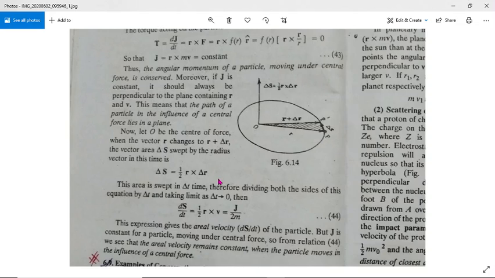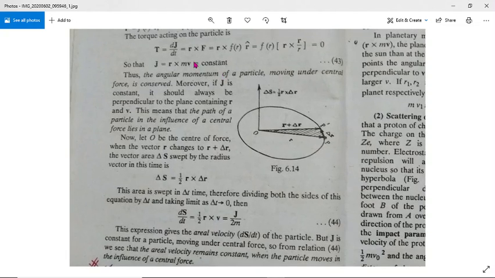Delta r by delta t is velocity, so it becomes ds by dt equal to half r cross v. And we know that J equal to r cross mv, where m is constant, so r cross v equals J by m.